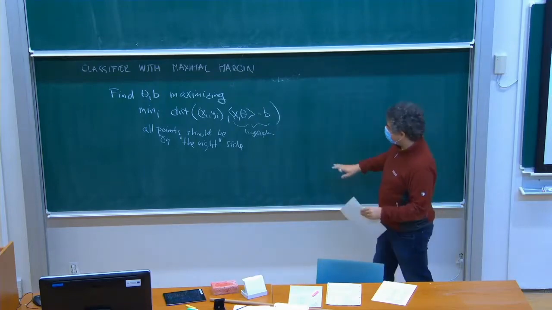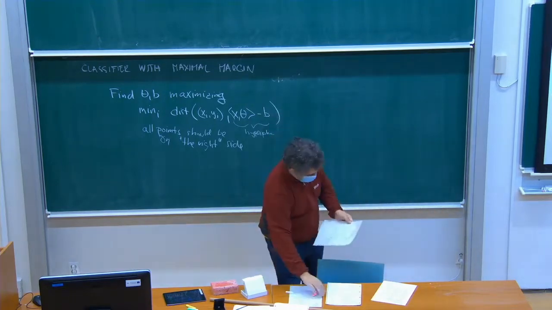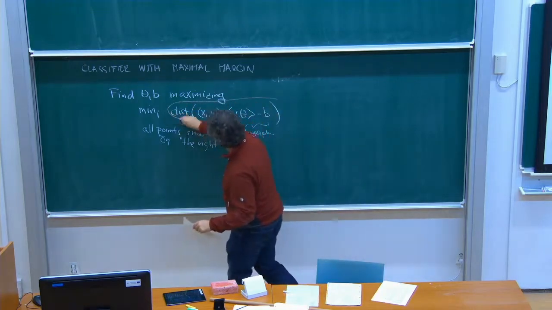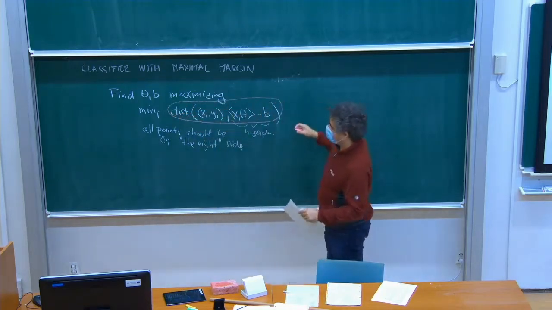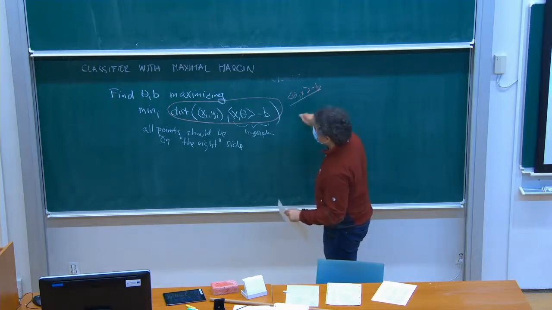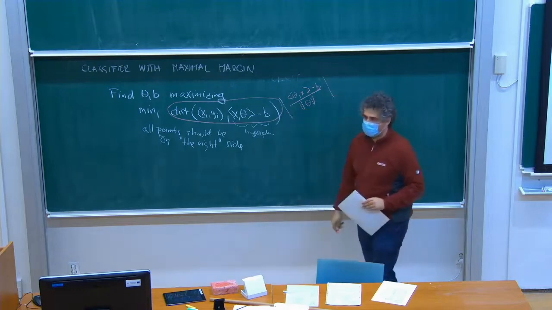So we can rewrite this, because we now know that this thing is simply theta x minus b over size of theta, and we want absolute value.